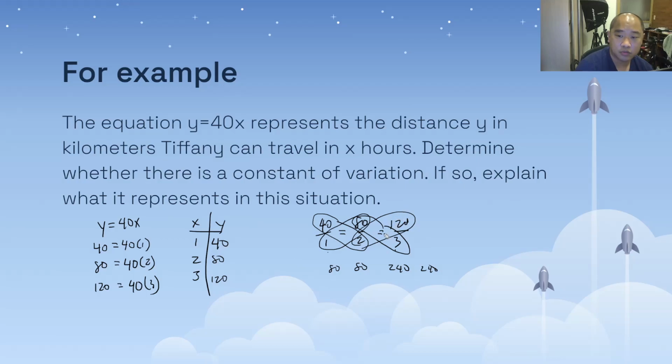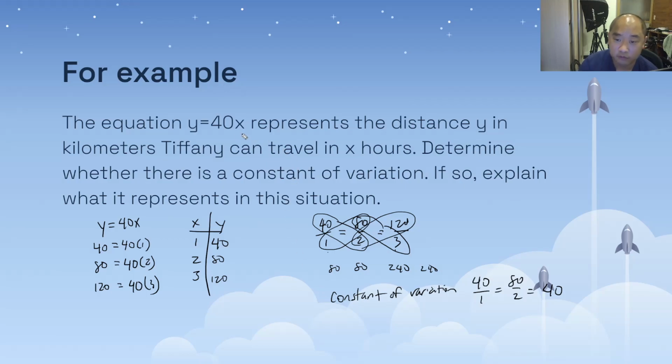So what does the constant of variation mean? Constant of variation is 40, right? Or 40 over 1, or 80 over 2. So 40 means that she's traveling at 40 kilometers per hour. That's the speed.